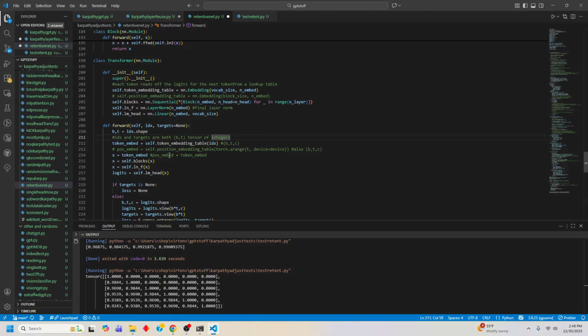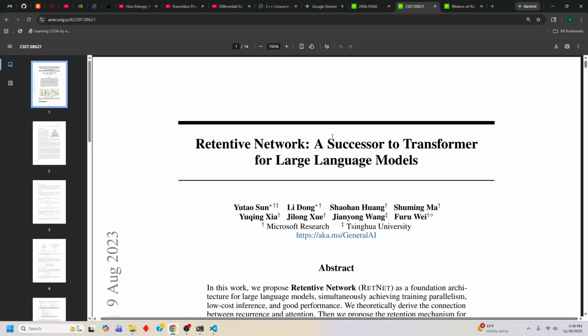But the softmax function is a pretty slow thing for training a neural net on GPUs. So get rid of it. This is a faster thing. I mean, it talks about it in this paper.